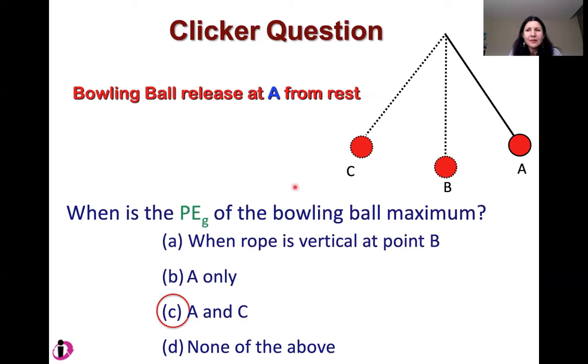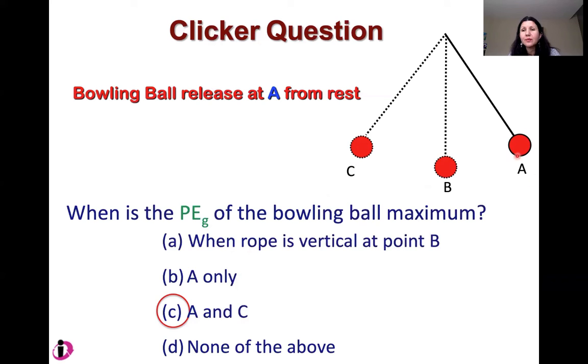It might not be completely clear to you that it will return back to its maximum height at point C. So again, remember, we're neglecting any effects of friction like air friction. So really, we are assuming that the only energies present here are kinetic and potential energies.